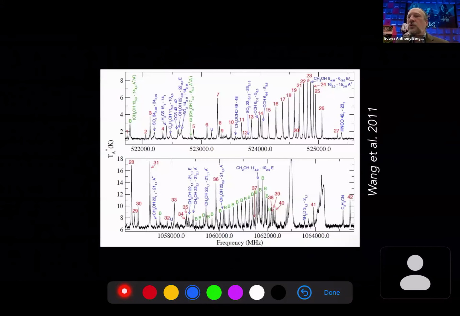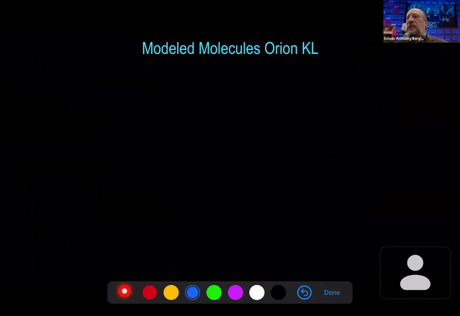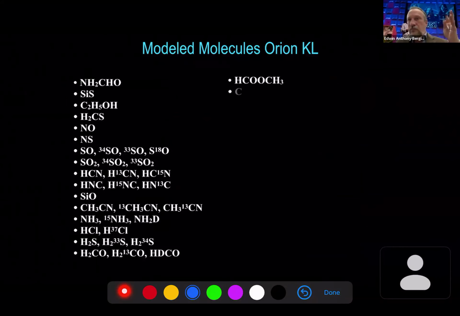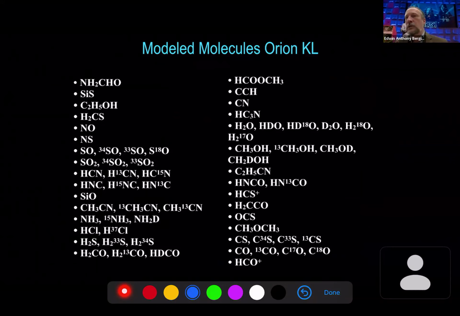And this just shows you the different rotational states. This is what a spectrum looks like of methanol. These are all lines of methanol and a bunch of other things. And from this, as I told you, we can determine the density and the temperature. And just to show you, from just one of those spectra, we detected all these different molecules and we were able to determine abundances of these molecules.